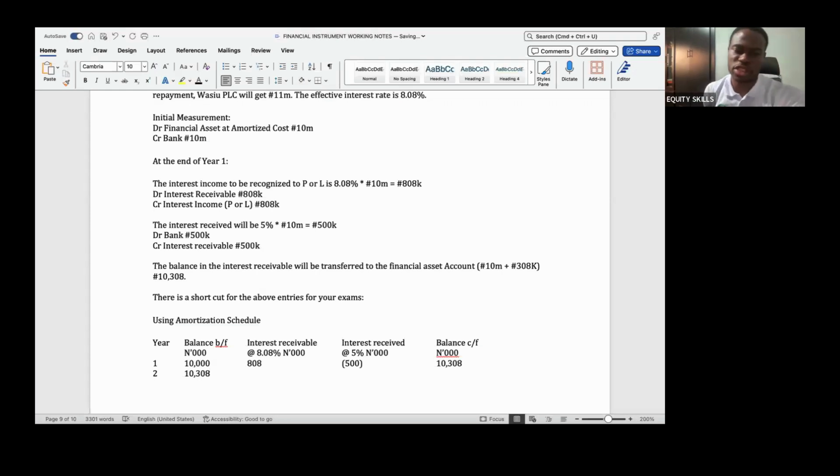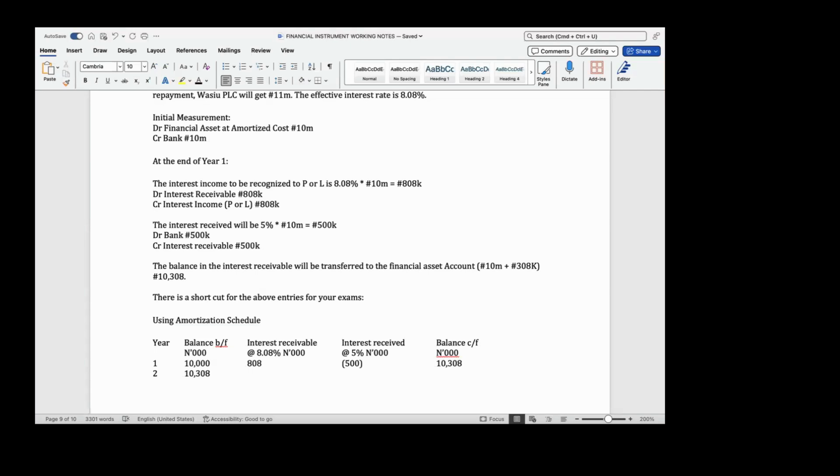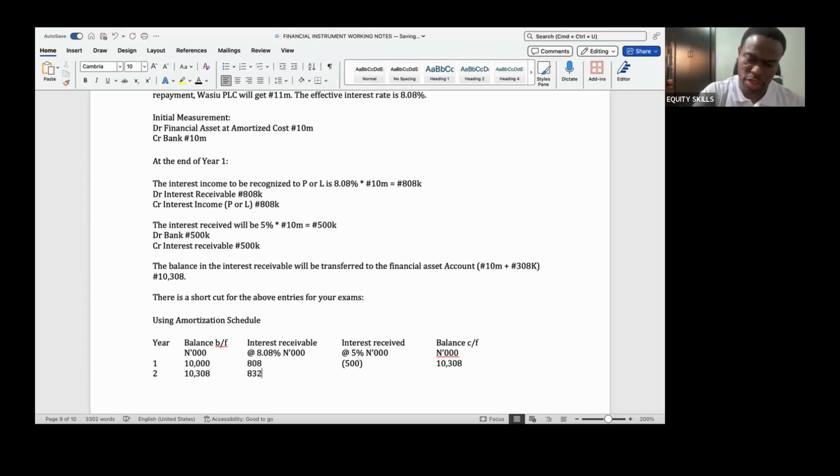Can somebody do 8.08% times the balance brought forward? 832.8. Now, one thing you need to understand is that this one is 500 every year. It's 5% on the nominal value every year.